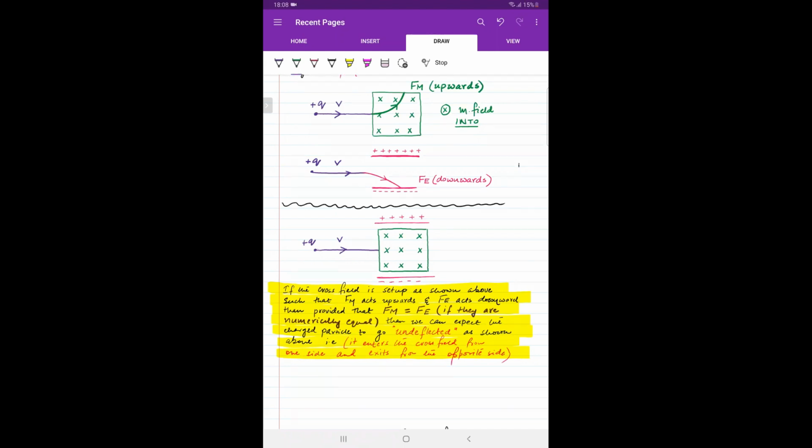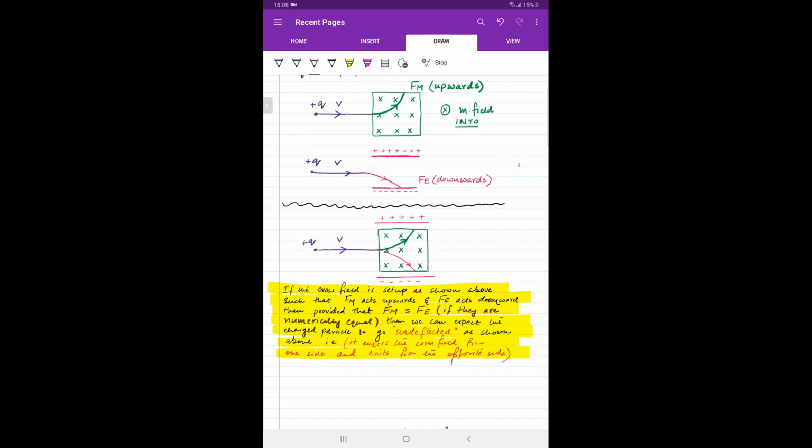So the magnetic force was causing the upward deflection. याद रखिएगा please. Green one. The electrical force was causing the downward deflection. Red one. And provided that the two forces are equal in magnitude, so if they are numerically equal, and as you can see, they are in opposite directions.